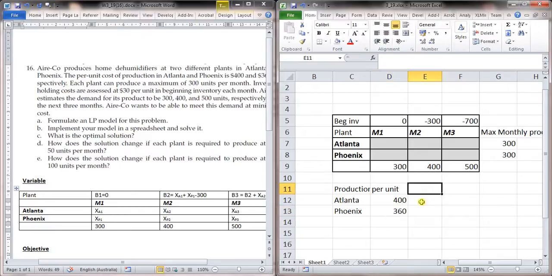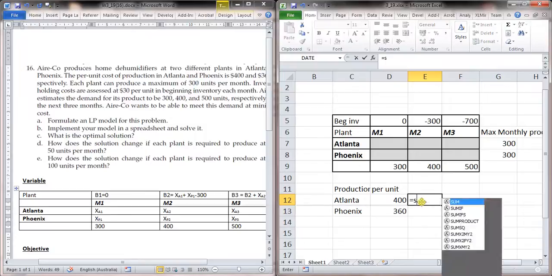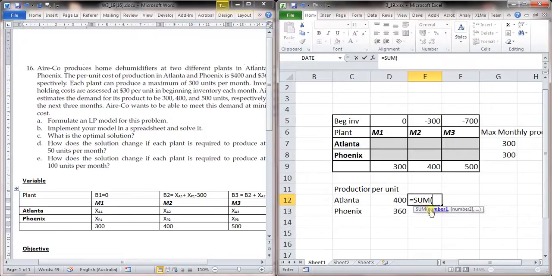So the total cost would be the sum of total units produced multiplied with the unit cost.